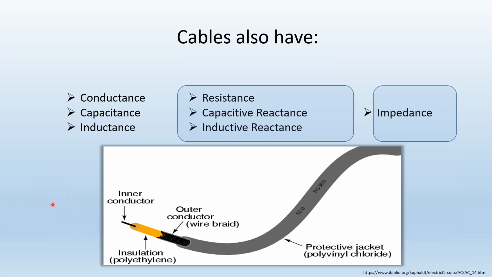If you have those two impedances matched, then we get maximum power transfer, which means nothing heats up. The power is not dissipated as heat in the cable, or in the amplifier.